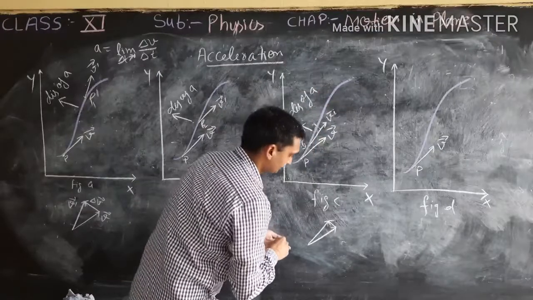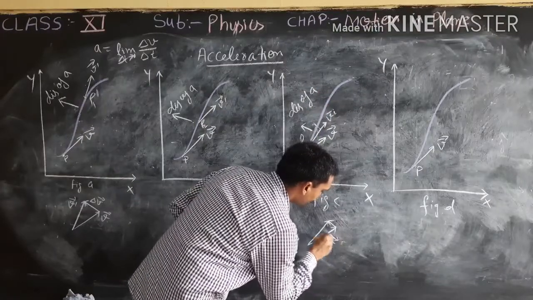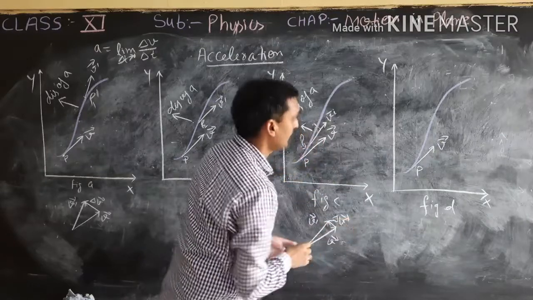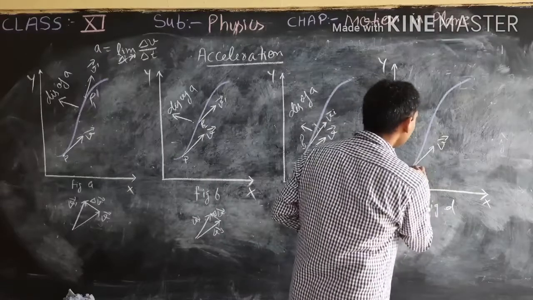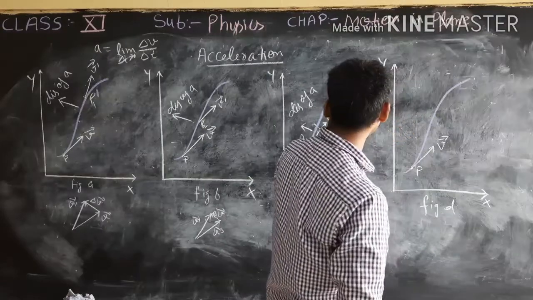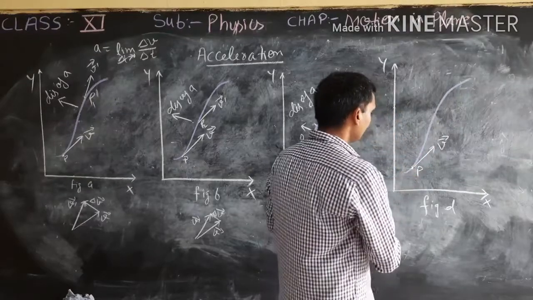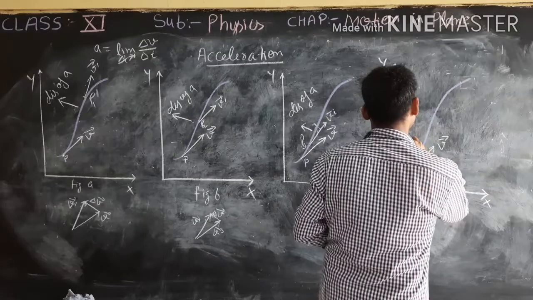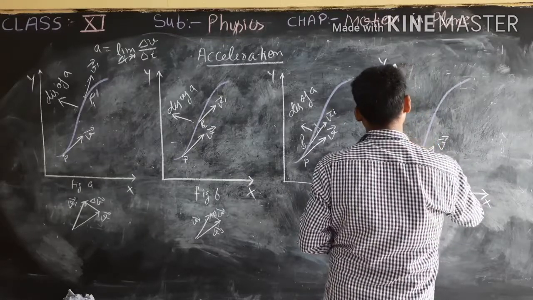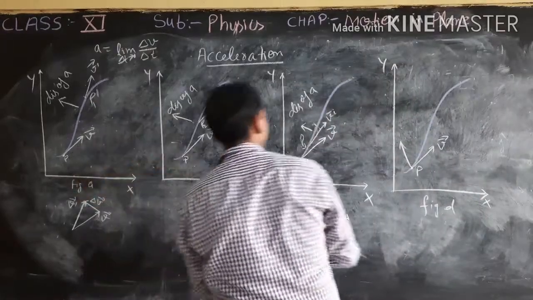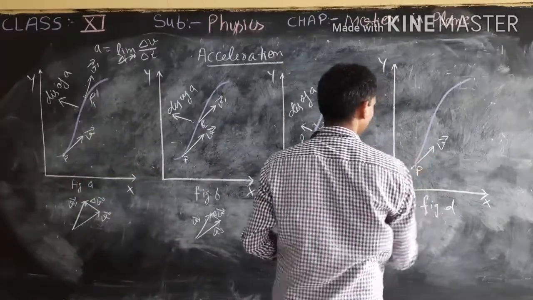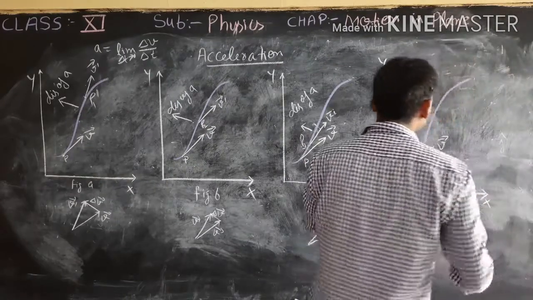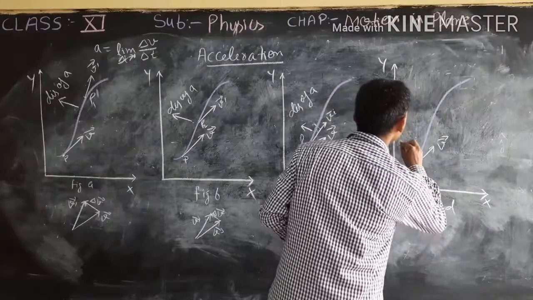This is v prime and this is delta v vector. At this point, our point P dash coincides with this, the acceleration is given by this way. Direction of acceleration is given by this way.